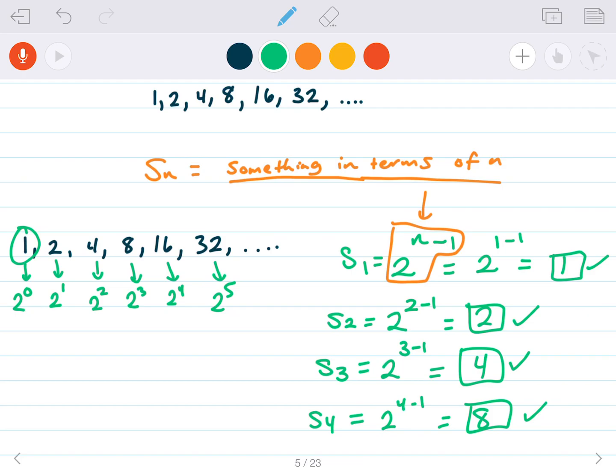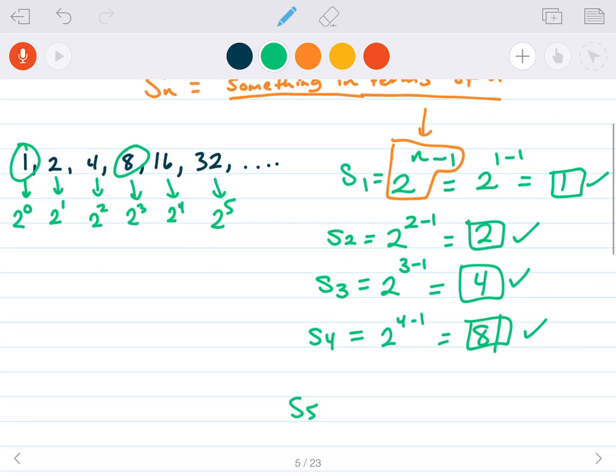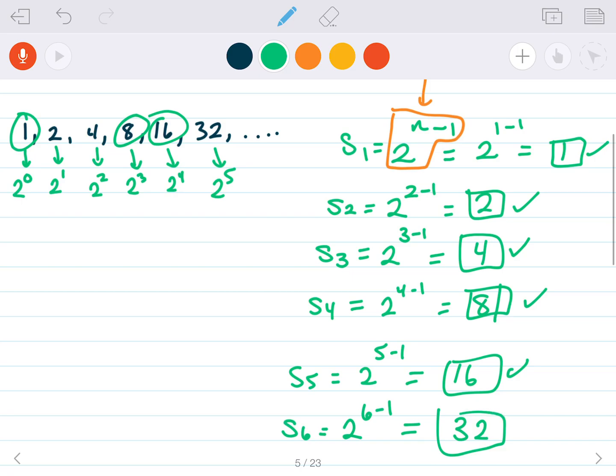The number 8 is in the fourth position in our list. And let's do S sub 5. We have 2 to the 5 minus 1. That's 2 to the fourth, which is 16. 16 is indeed the fifth number in our list. And finally, the sixth number in our list should be 2 to the 6 minus 1, which indeed is 32. So that checks out.